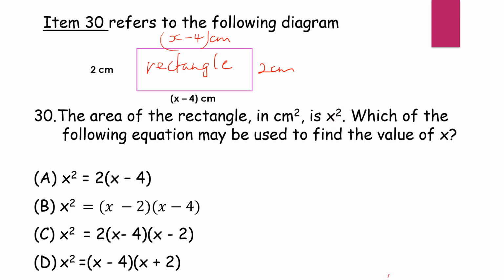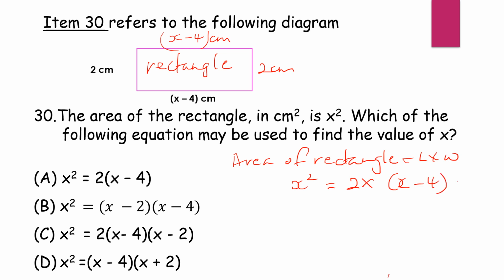So first, area of a rectangle, we get the total of x squared, and we know it is length times width. So then the length here is 2 times x minus 4 centimeters. So that means it can't be D, nor C, nor B. The answer is A.